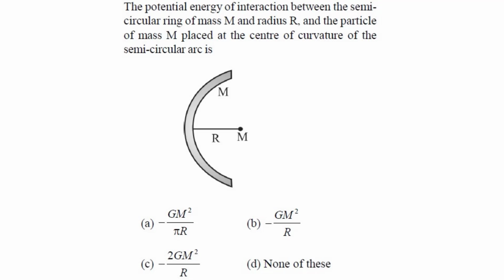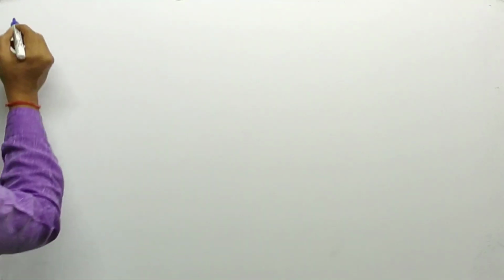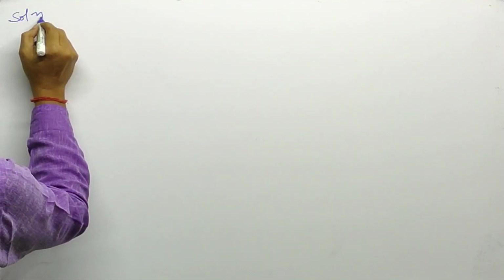The potential energy of interaction between the semicircular ring of mass capital M and radius capital R and the particle of mass capital M placed at the center of curvature of the semicircular arc is. Solution.